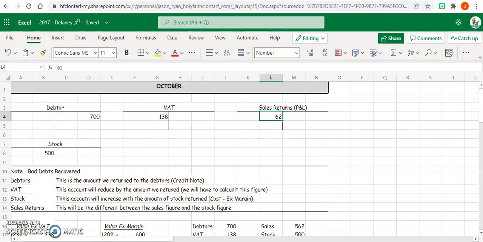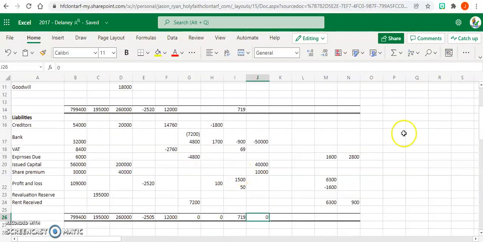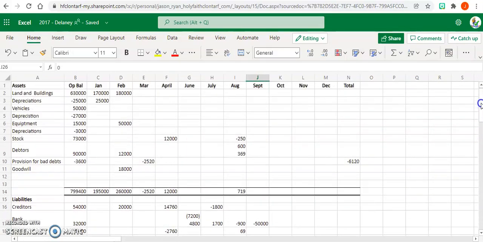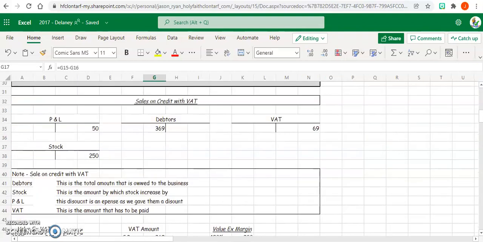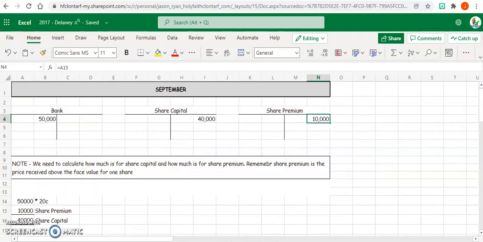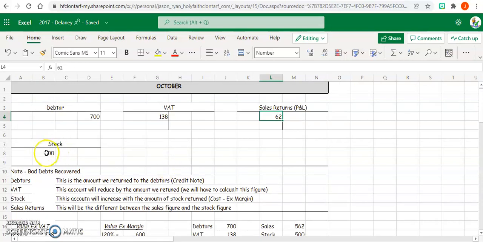So our debtors first are going to decrease by 700. And our stock also then is going to increase by 500. It's going to increase by 500. We have VAT then of 138 and our profit then of 62.